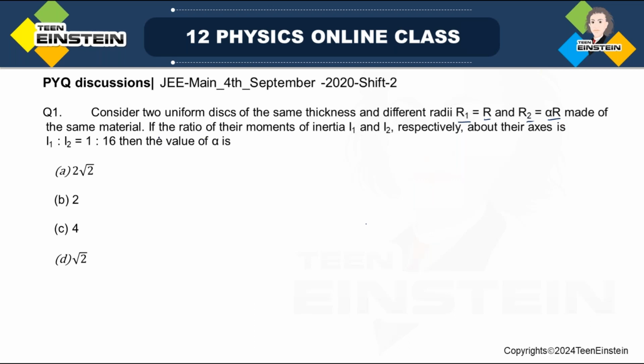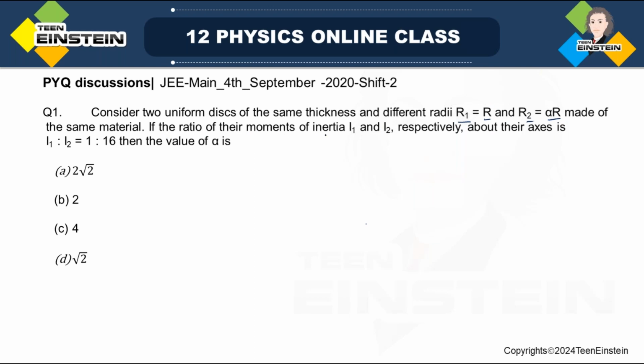Anyway, at least we know the density is same, thickness is same, but radii are different. Obviously mass will be different.